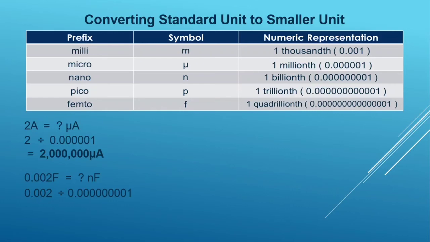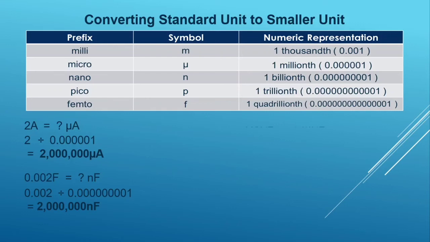And then if you divide 0.002 by that, we will have the answer of 2 million nanofarads. So 0.002 farad is equal to 2 million nanofarads.